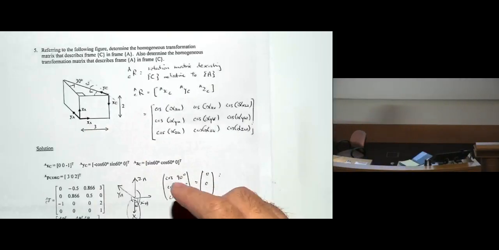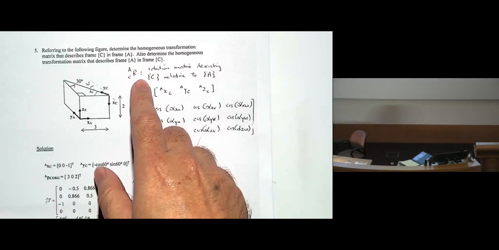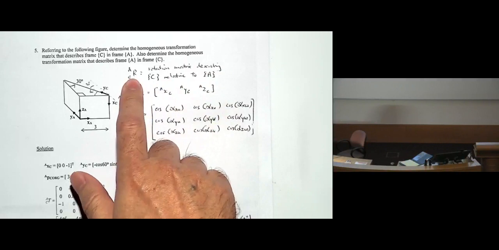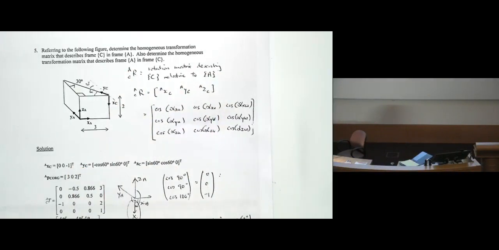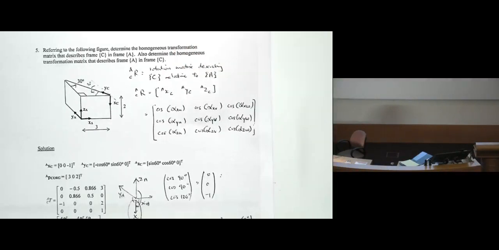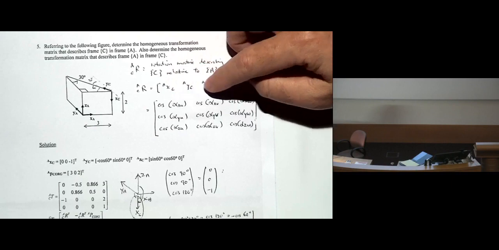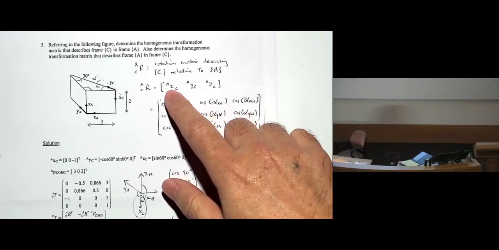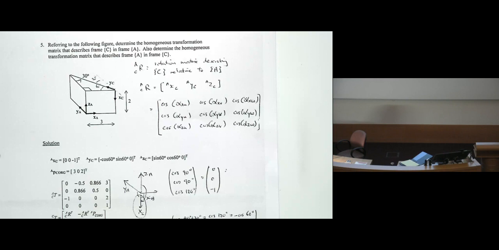The point to note is that you have your ARC, meaning that you want to define your rotation matrix describing C with respect to A. We also know that ARC is comprised of 3 vectors: you have your AXC, AYC, and AZC. Earlier on we denoted them as NVW. So these are 3 vectors. If you expand them out, each of these vectors is essentially a direction cosine, so it's a unit vector.